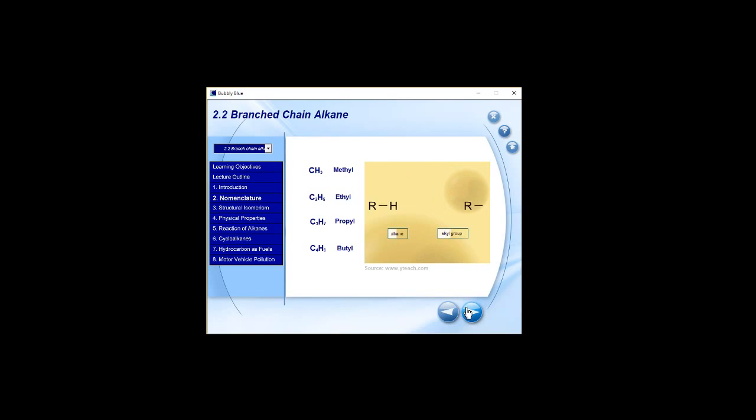We can consider an alkyl group as being the group of atoms remaining after removing one hydrogen from the molecule of an alkane. Alkyl groups do not exist independently, because in actual molecules, the missing hydrogen atom is replaced by another atom, such as carbon, oxygen, nitrogen, and others.